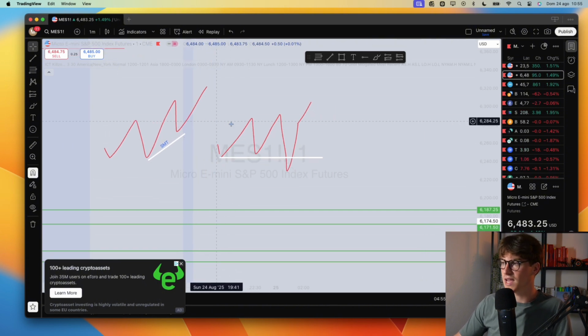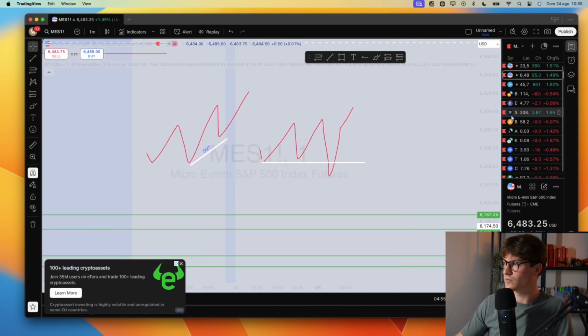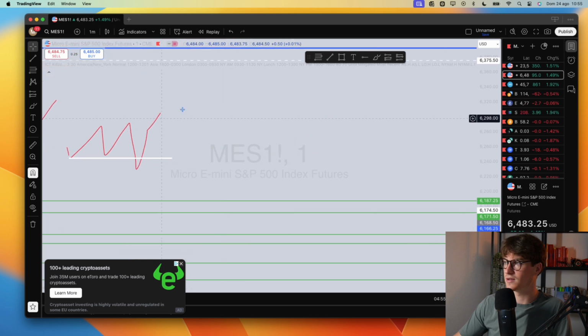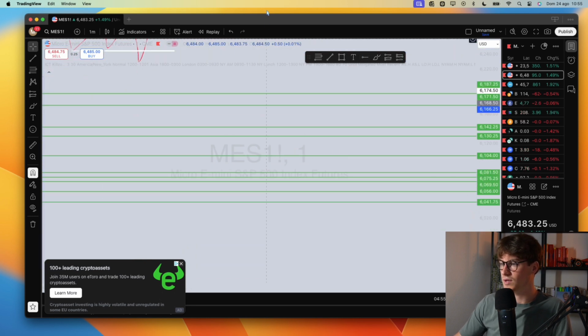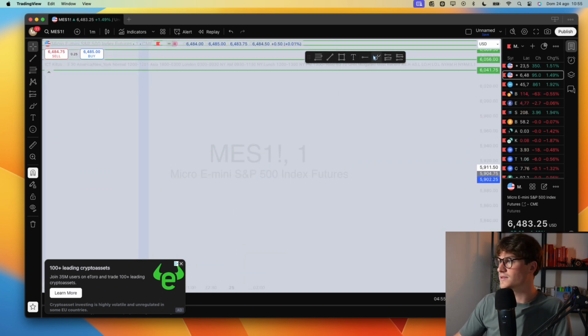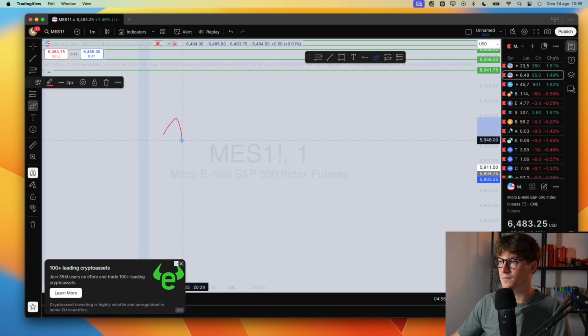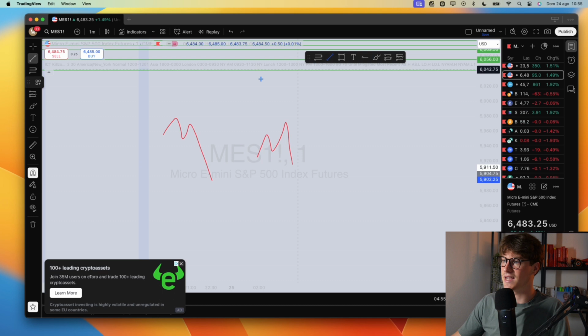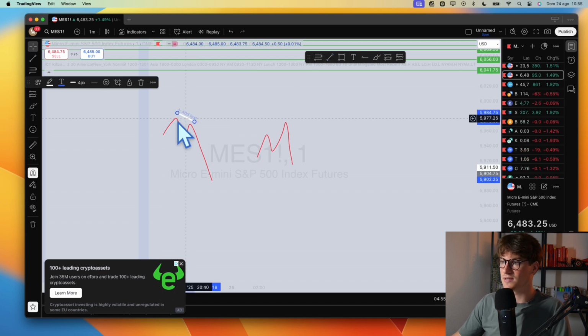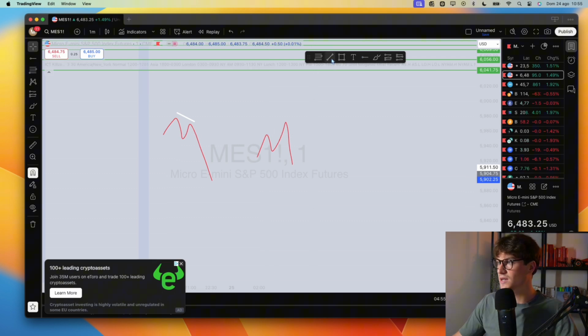It could be the same when you're searching for shorts. Let's do the example again. In this case NQ doesn't take the high but ES does take the high, so it's not that difficult of a concept.